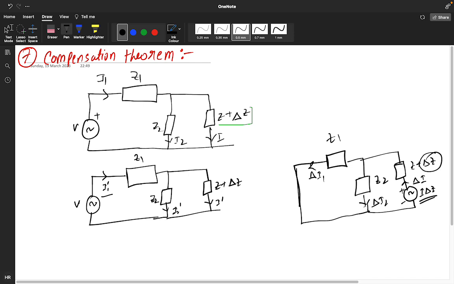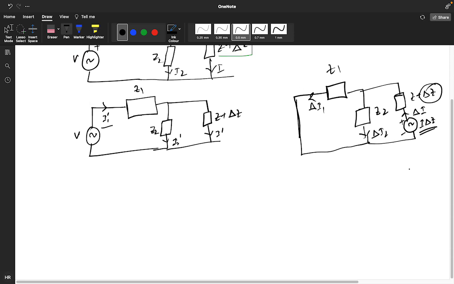Because of this delta Z I am getting some current. So this is a very small amount of fluctuation current. It's not important, just note it down.